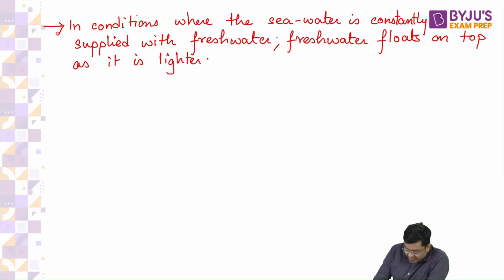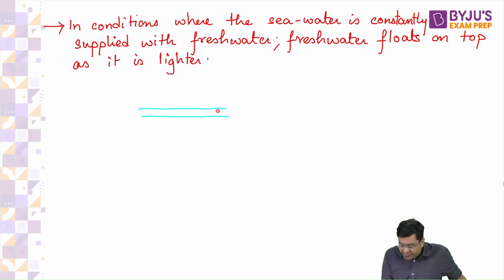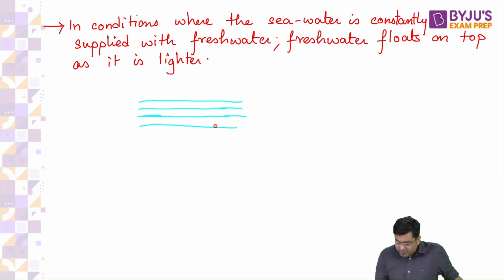So, in a way, what we see is the arrangement of water in the form of layers. Is this color visible to you guys? I hope the color is visible. Everybody says yes, only one is saying no. So I will assume yes is fine.